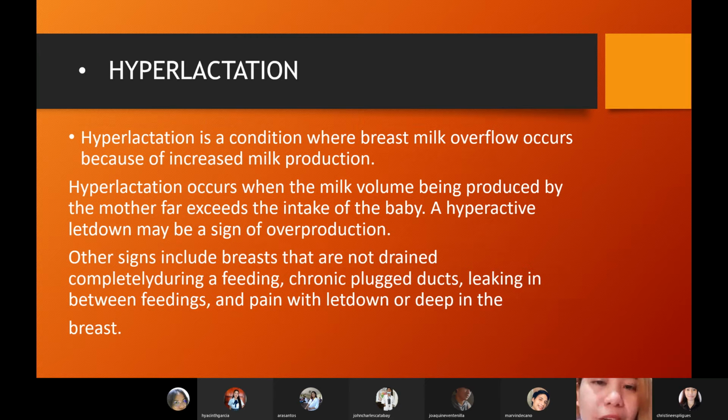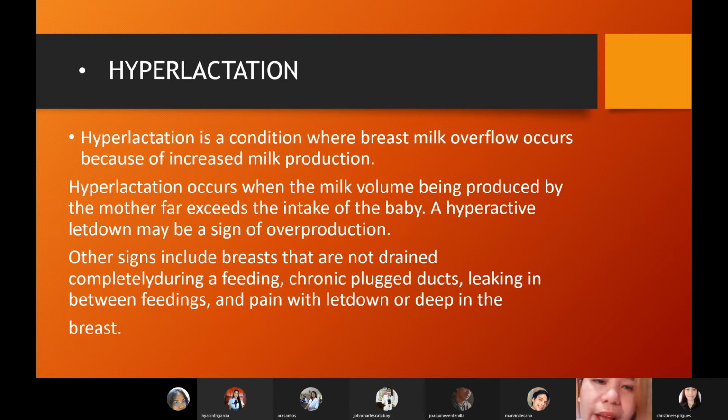Hyperlactation naman is nangyayari siya because of overproduction naman siya ng milk. Hyperlactation occurs when the milk volume being produced by the mother far exceeds the intake of the baby.